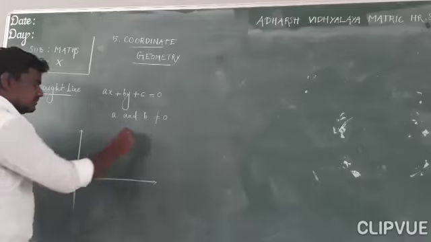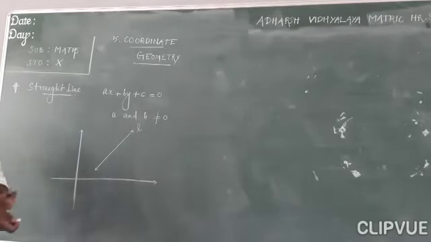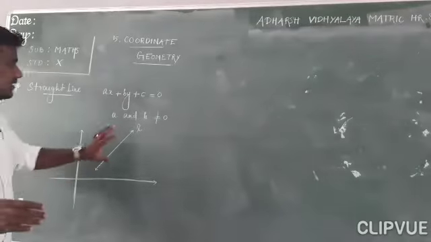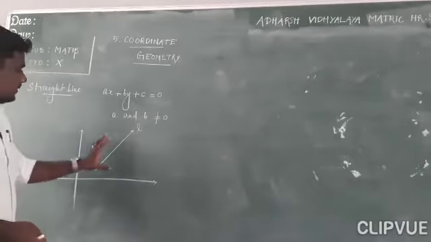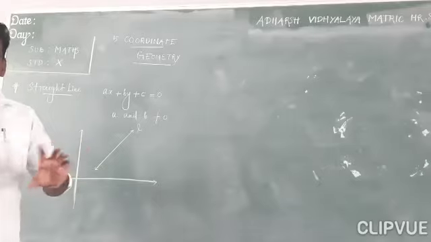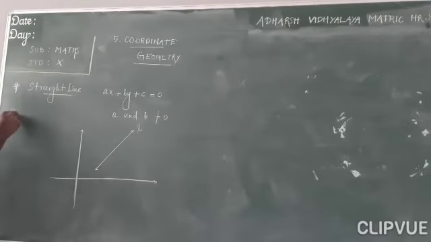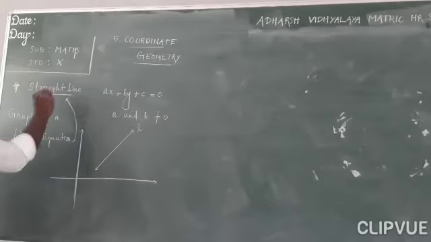You can take this straight line. It doesn't have end points. You know that the difference between a line segment and a straight line is that a straight line has no end points. Actually, you know that the graph of a linear equation is a straight line.